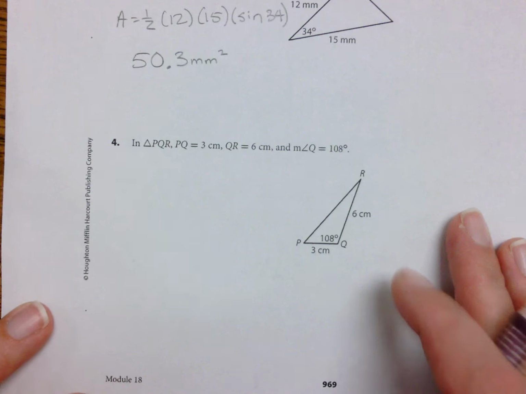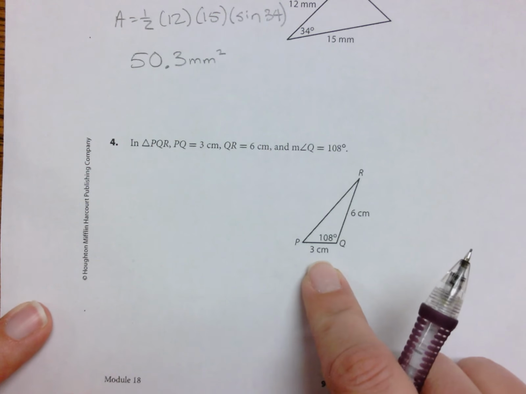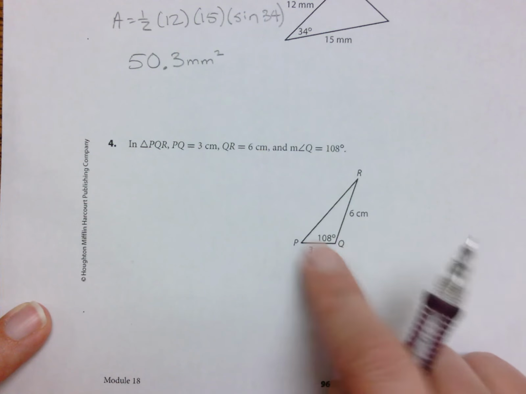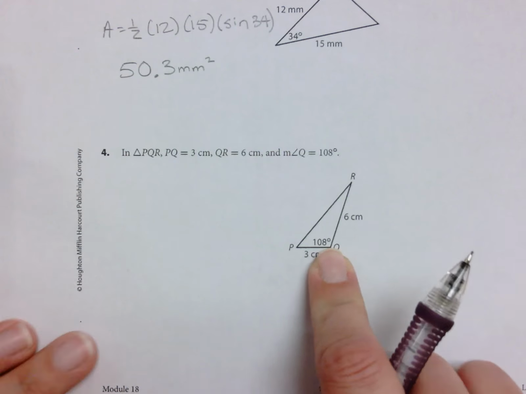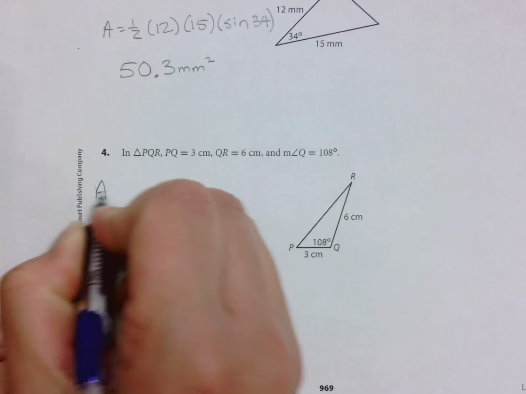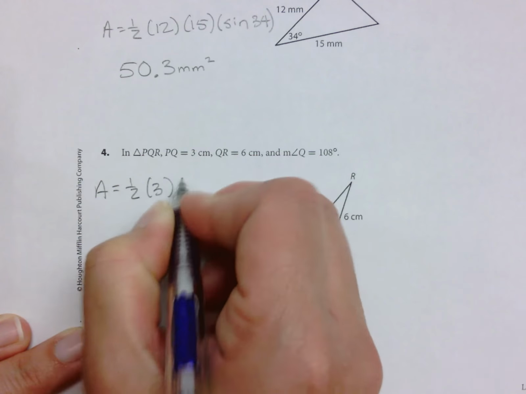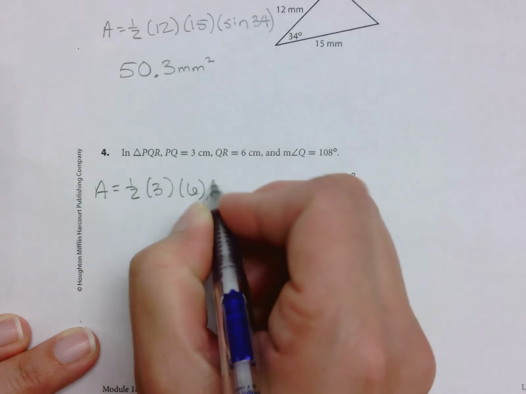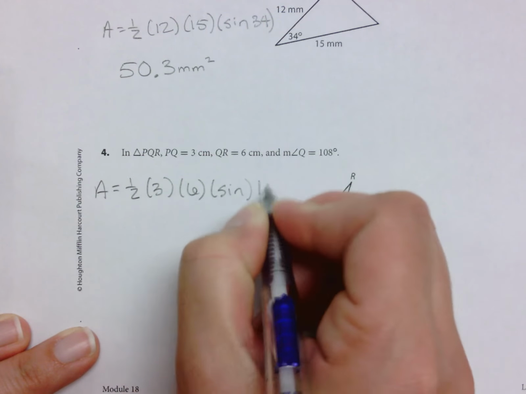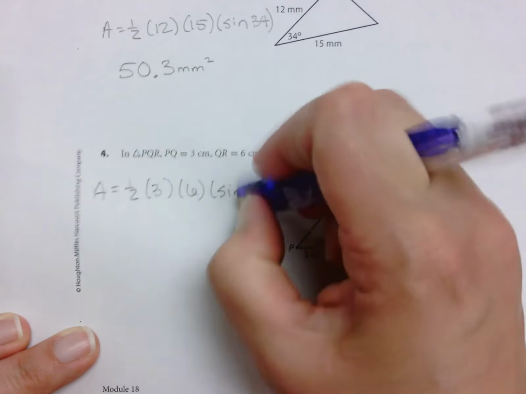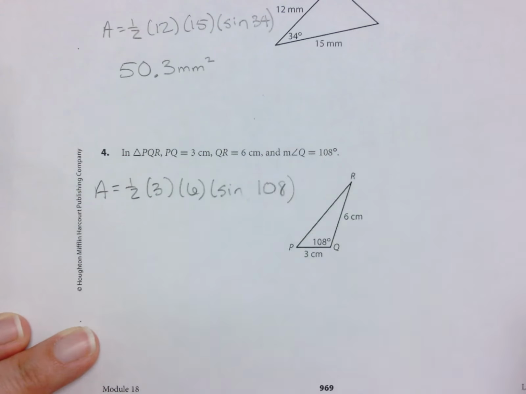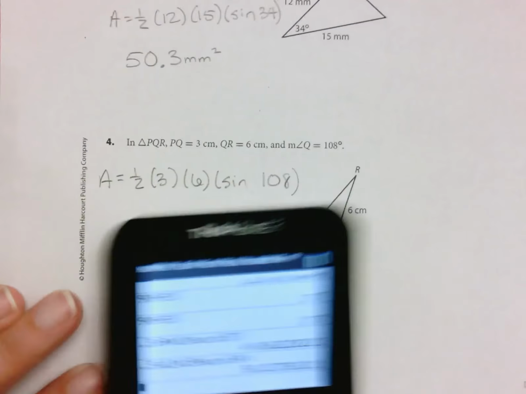All right, number 4 is triangle PQR. I know that this side is 3, this side is 6, and the angle in between them is 108. So I'm going to say area equals 1/2 times 3 times 6 times the sine of 108 degrees, and plug that entire thing into my calculator.